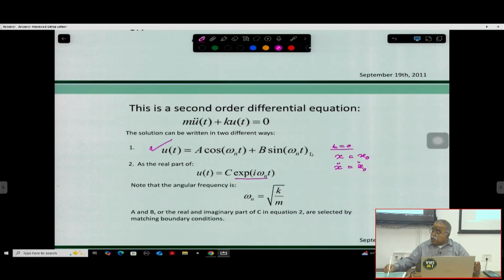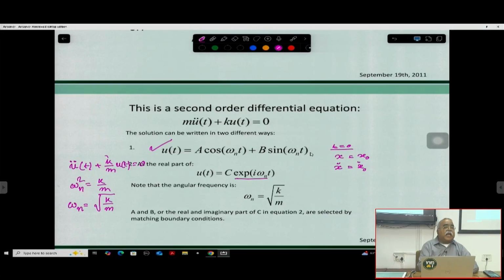Now, this omega n we can get like this: u double dot t plus k by m into u(t) equals 0, right? So this k by m is omega n squared, and omega n is equal to the square root of k by m, right?